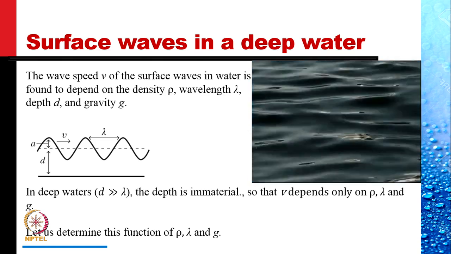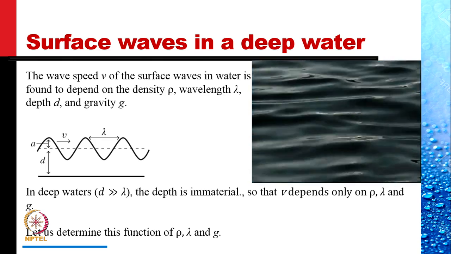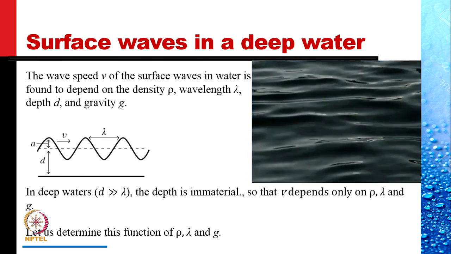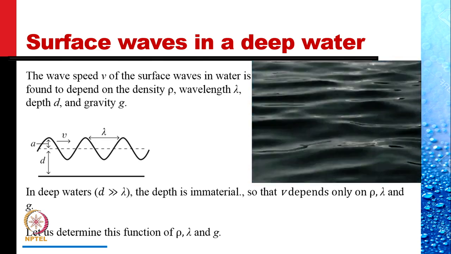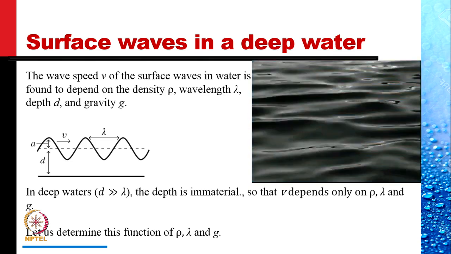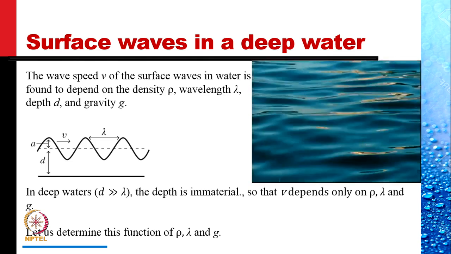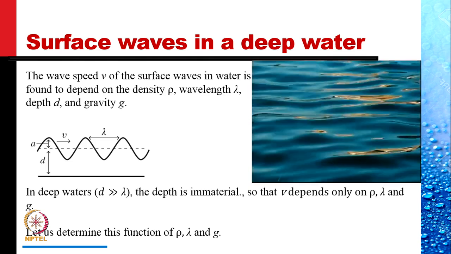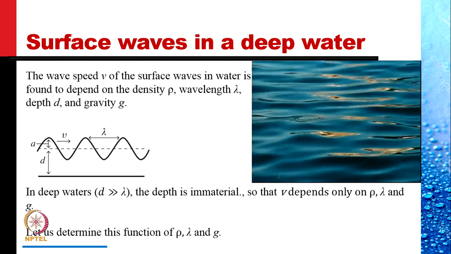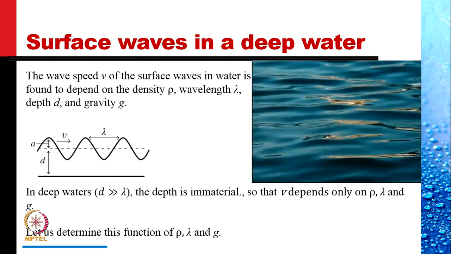In deep waters, where d is much greater than lambda, the depth is immaterial and the speed of the surface waves depends only on rho, lambda and g.